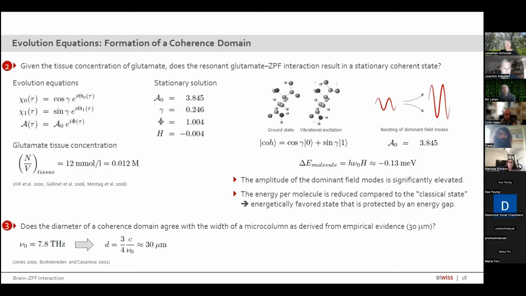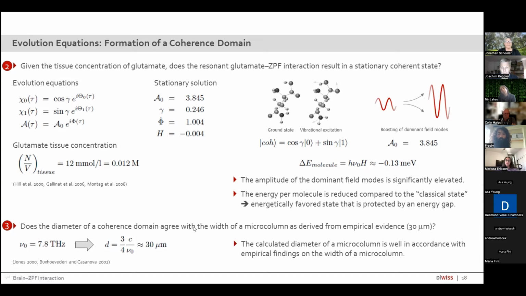And yes, it does. Exactly for this driving mode, for the dominant field mode that dominates the dynamical evolution of the system, which lies at 7.8 terahertz, we get a calculated size of a coherence domain which lies at exactly 30 microns.